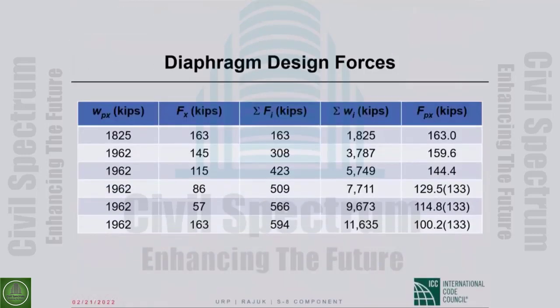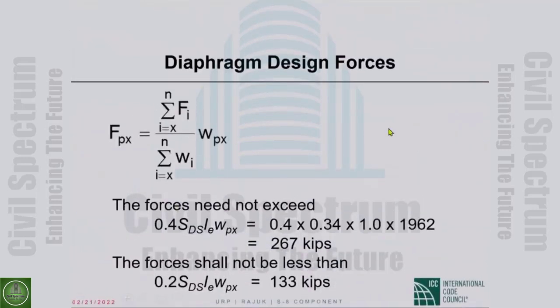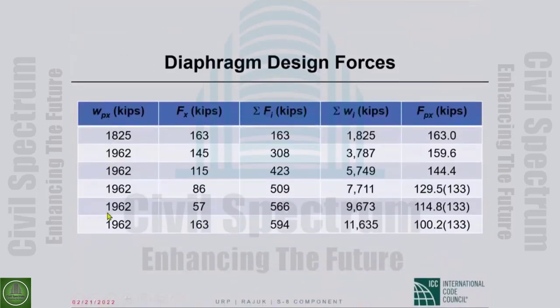Okay. Now we calculate the diaphragm design forces from this formula. These are W sub px, the weights tributary to the various floor levels, the F sub x, the lateral forces that we obtained by distributing the design base shear.